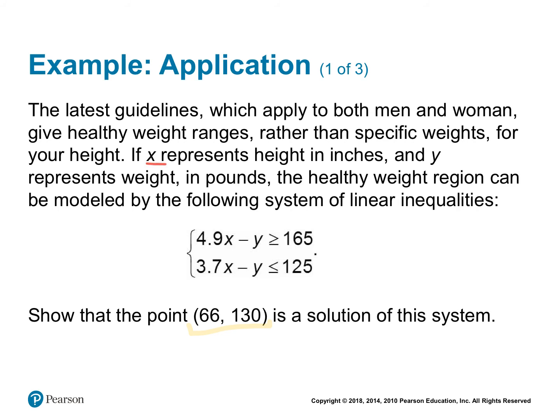And we said x was height, so this would be the height, and this would be the weight. So someone is 66 inches, we're saying 130 pounds should be in that healthy weight range.